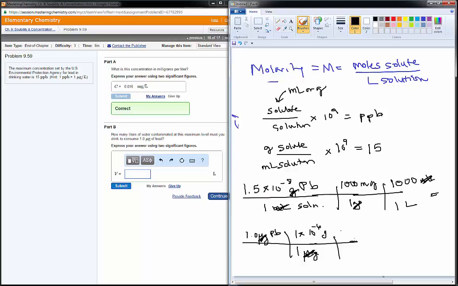And I do know that 1 milligram is 1 times 10 to the negative 3 grams.